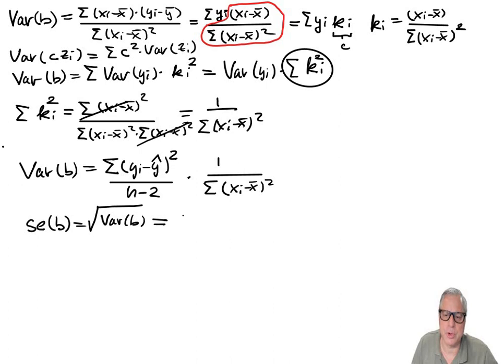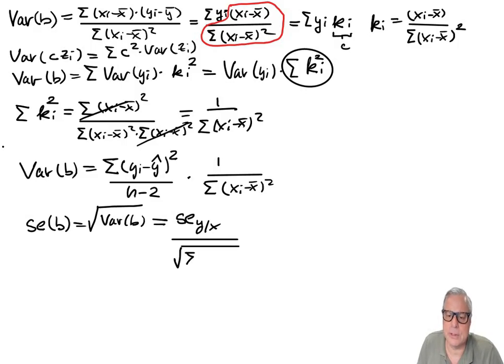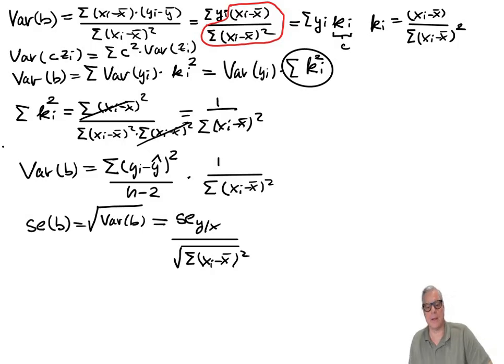So the first term becomes the standard error of the regression, which I call yx, times 1 over this, so we can just write it over the square root of the sum of xi minus x bar squared. And that's it. So that is the standard error of B.